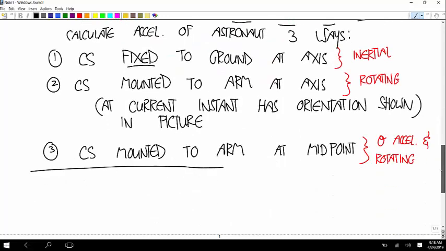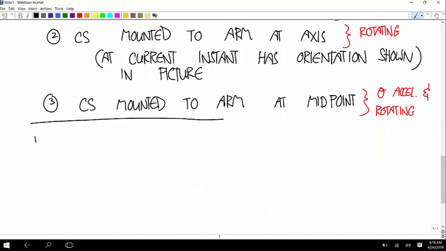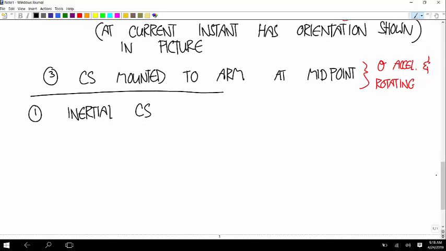Why not? Okay, so the first one is an inertial coordinate system. And all that's happening here is, this is just a circular motion problem.